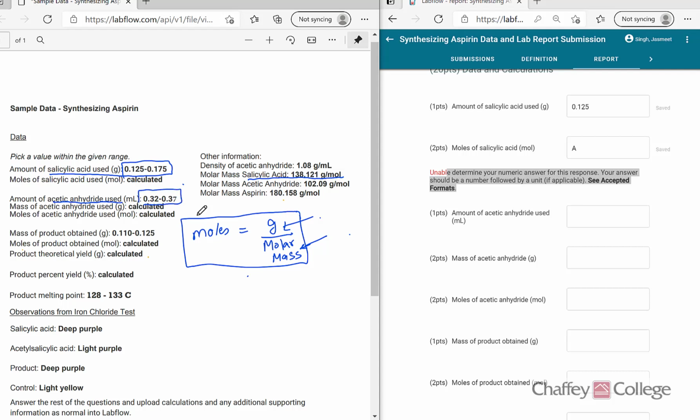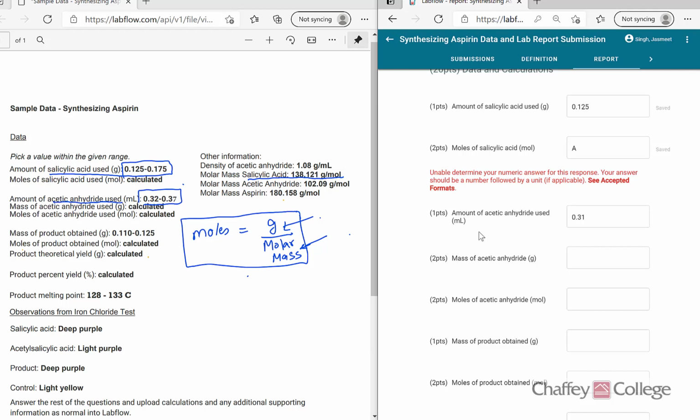So any number from 0.232 to 0.37. So I will use 0.31 just to be different, but you should use any number given in this range, otherwise the answers will not be accepted.